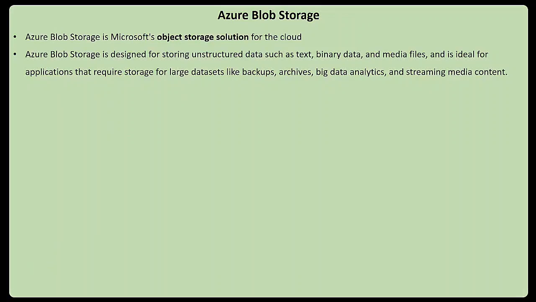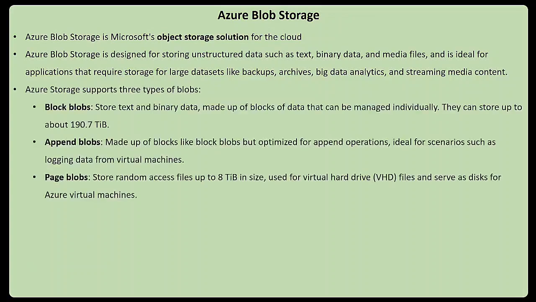There are 3 different types of blob storages: blobs, append blobs, and page blobs. Blobs are text files or binary, in the form of 0 and 1, made up as blocks of data that can be managed individually, and they can store up to about 190.7 TB of data.